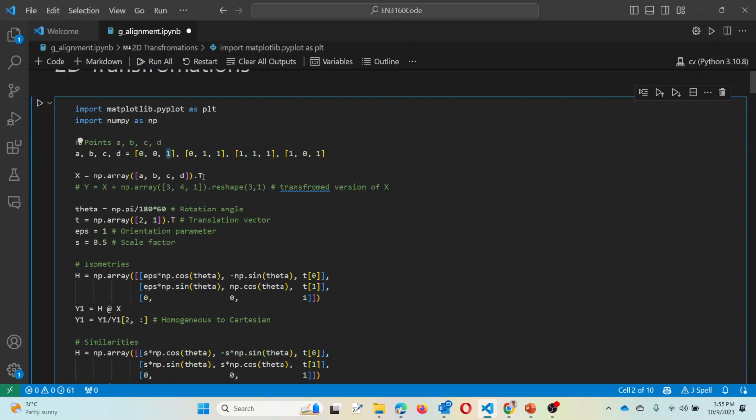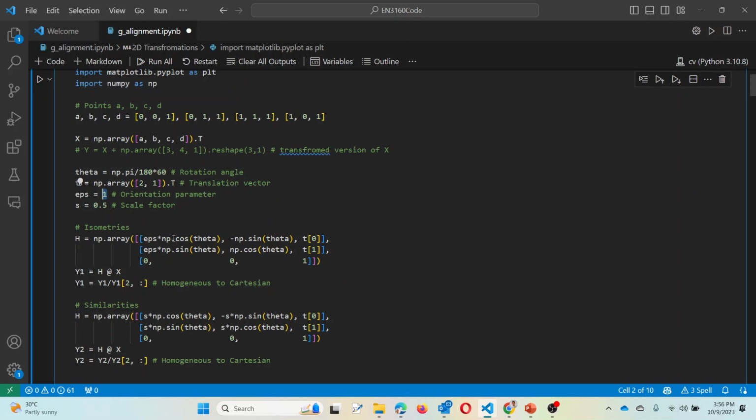So I have concatenated them together and then defined an angle theta, 60 degrees, and a translation 2 and 1, and epsilon I kept as 1. We can change theta, and the scale factor S. So first of all, isometries with epsilon equal to 1. It's a Euclidean transformation.